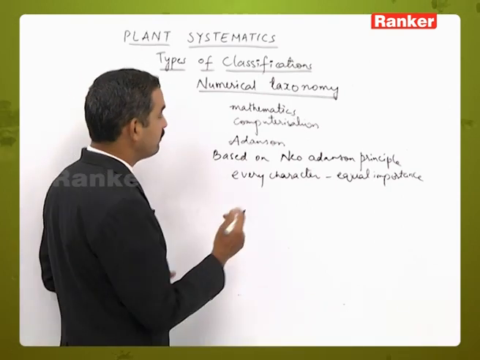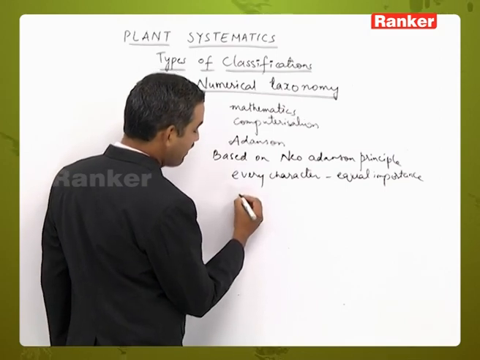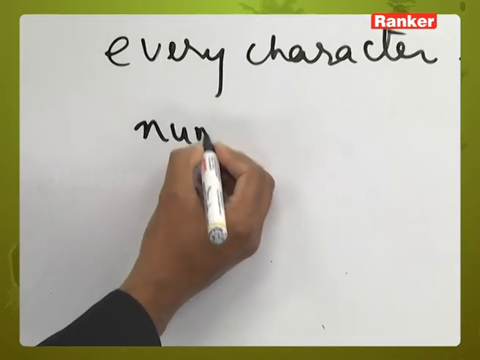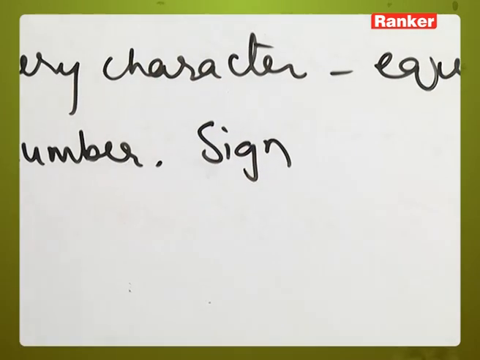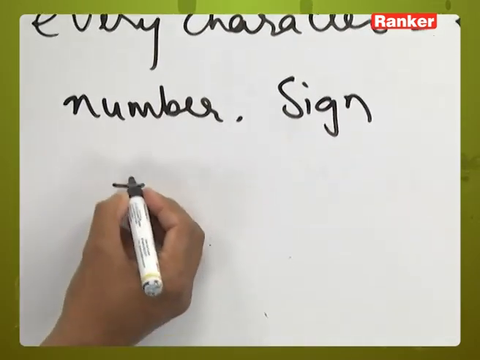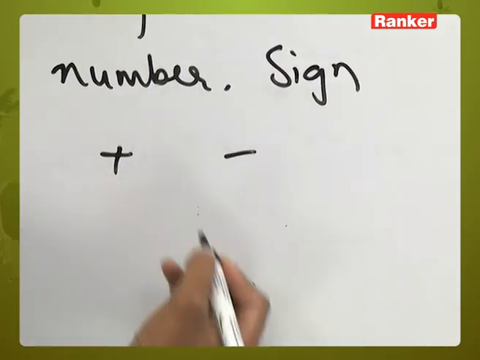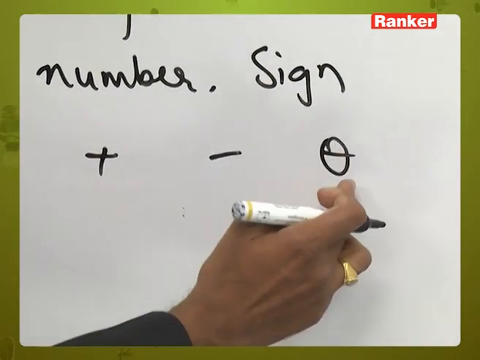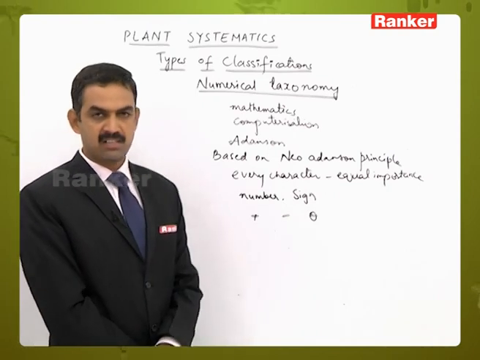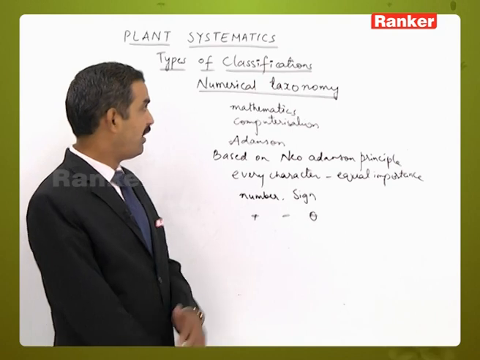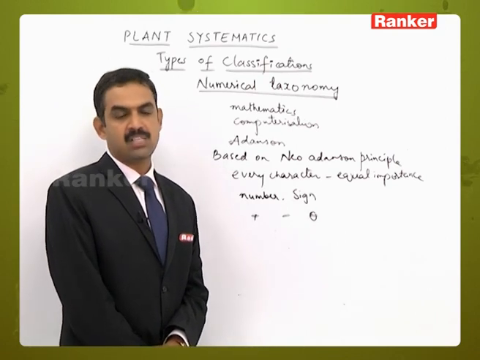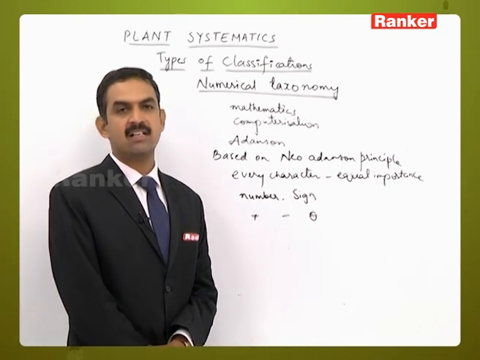Each and every character is given a number and a sign or symbol, like a plus sign and a minus sign, where the character is not present in that group. Likewise, various concepts of mathematics have been used for classification, so we call it numerical taxonomy.